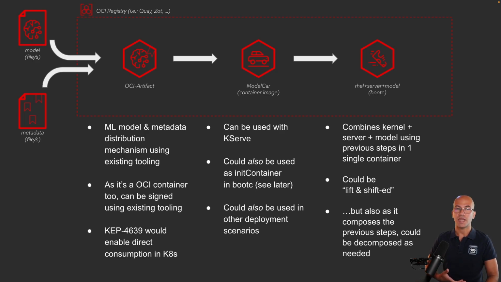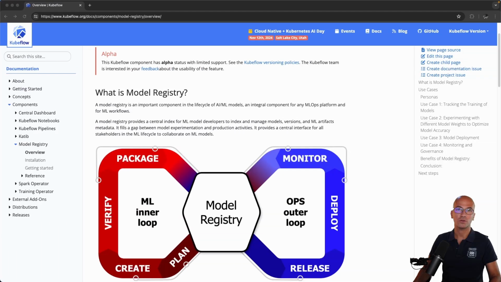We are going to move next to showcase some other integration examples. I want to show you now another integration example, integrating what we've been seeing in today's video with the Kubeflow Model Registry. For more information about Kubeflow Model Registry, I invite you to check out the website kubeflow.org.